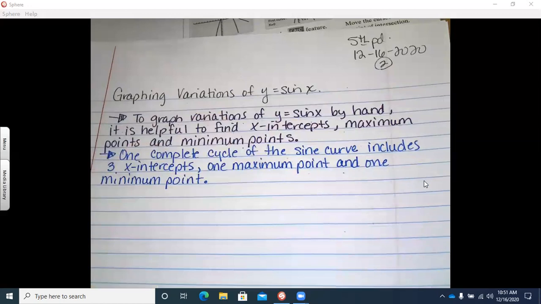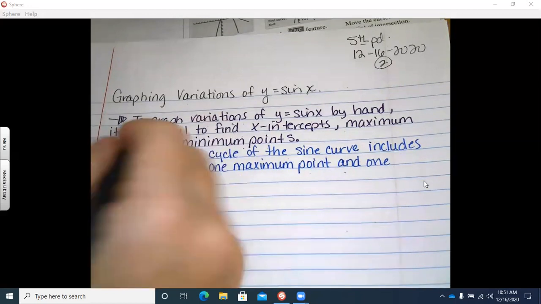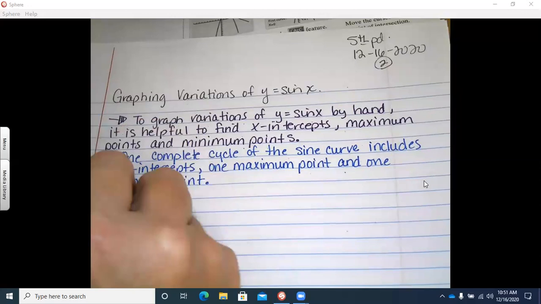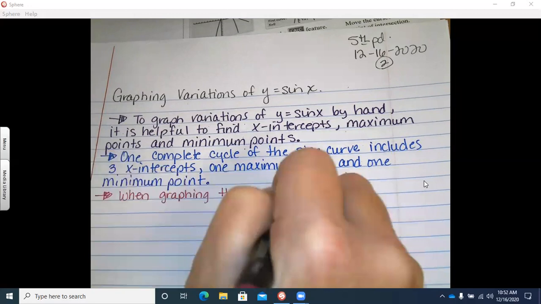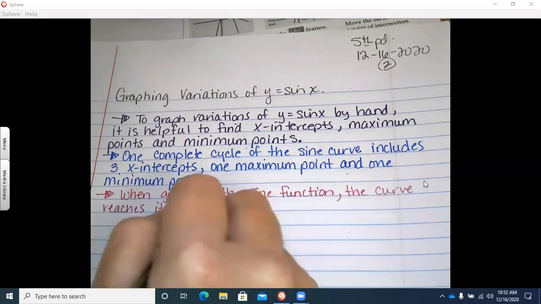When graphing the sine function, the curve reaches its maximum point one-quarter of the way through the period, and its minimum point 3/4 of the way through the period.